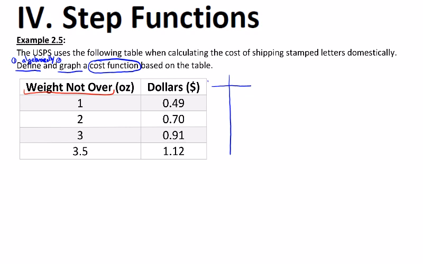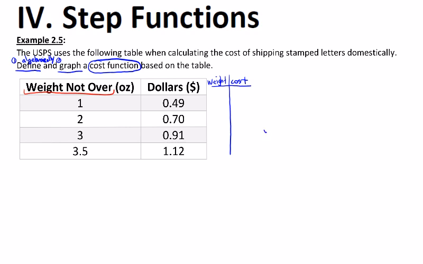So we would say the first column is going to be the weight of whatever it is that you're going to be mailing, and then the second column will be the cost. So I'm going to pick some values that would be fairly typical of sending a piece of mail.